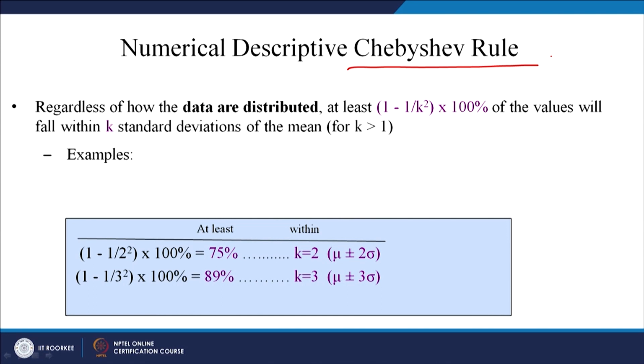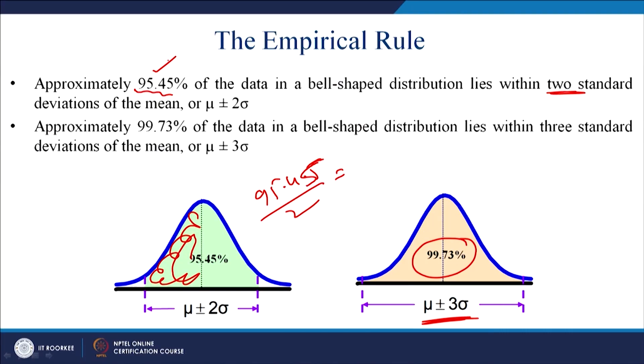One of the assumptions or properties of the normal distribution, or what we have seen here, a bell shaped distribution, is that the distribution is normal, only then these work. 68.27, 95.45, 99.73, all these are true when your distribution is normal, but in real life situations most of the times you will not have a normal distribution.